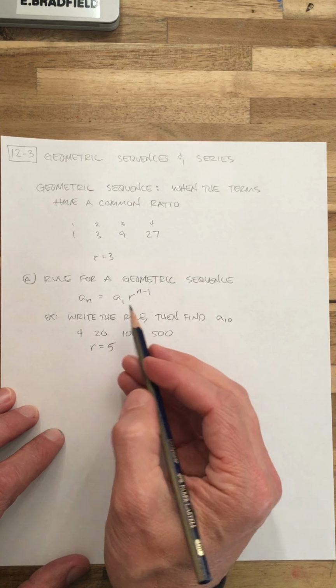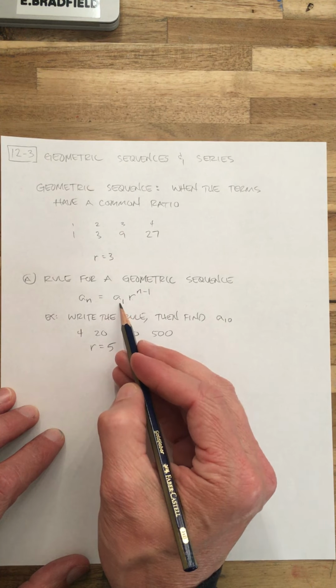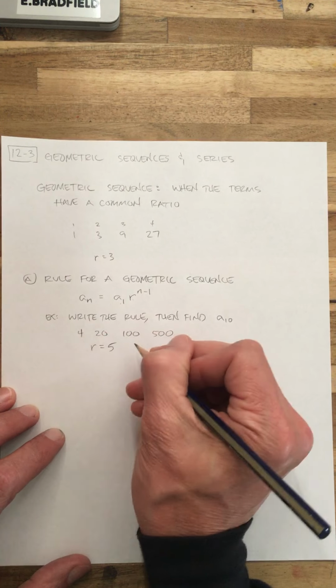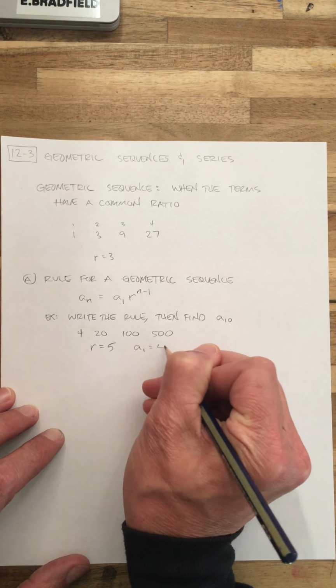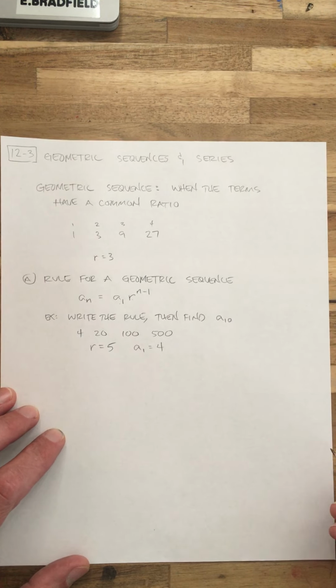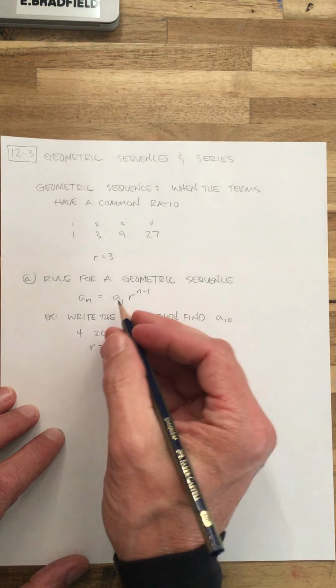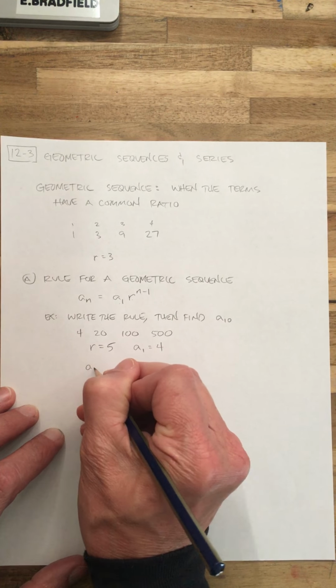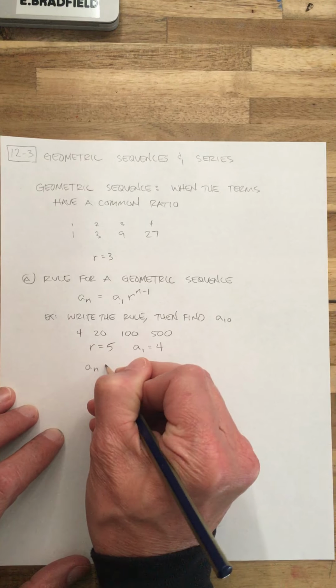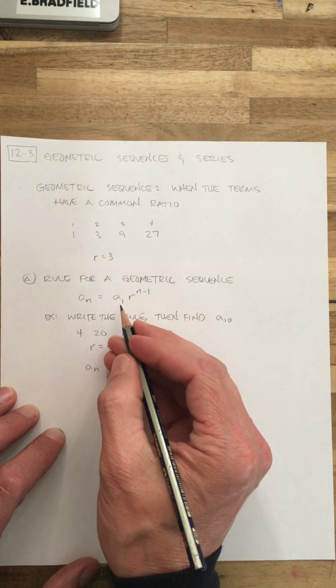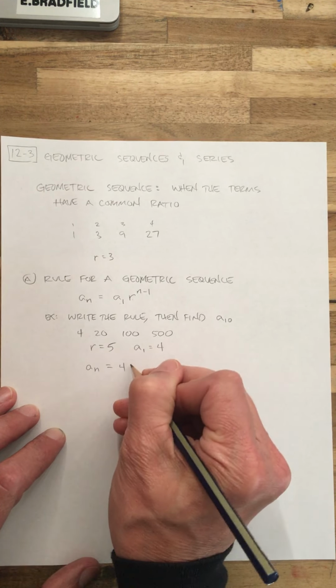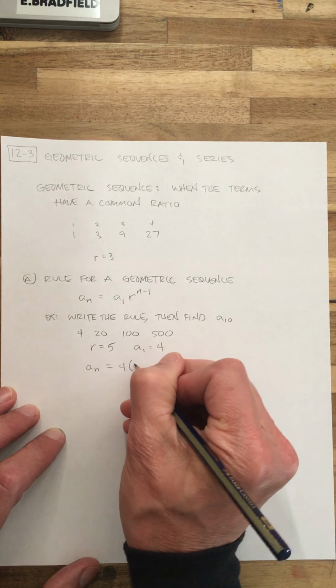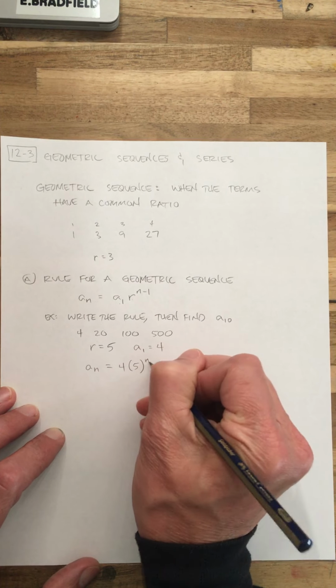Looking at the rule, you need the R, but you also need the first term. I see it right there, but I'm just going to list it: a sub 1 is 4. That's my first term. From there you just plug it in. So a sub n is going to be the first term, 4, times the ratio, 5, raised to the power of n minus 1.